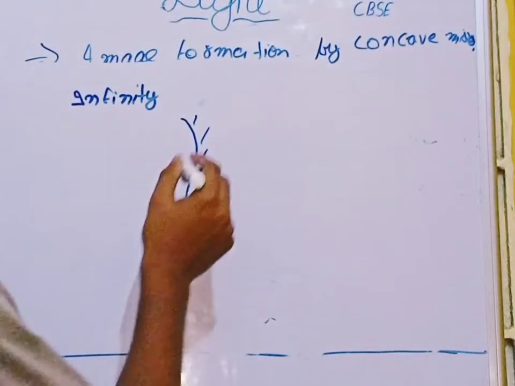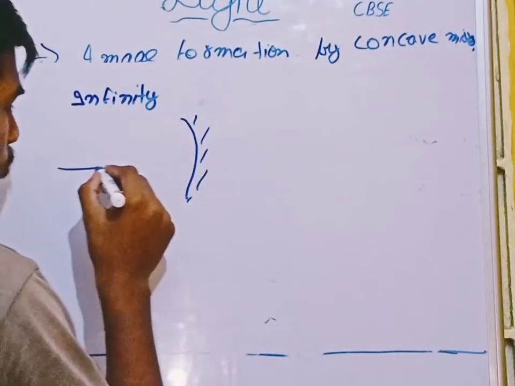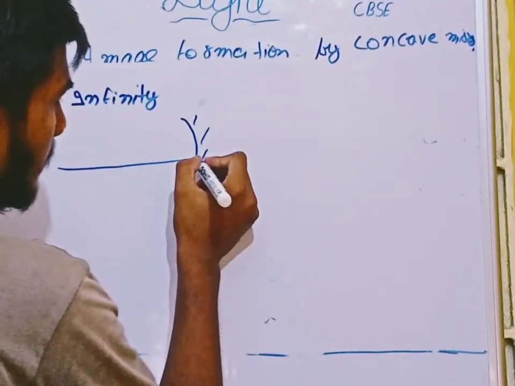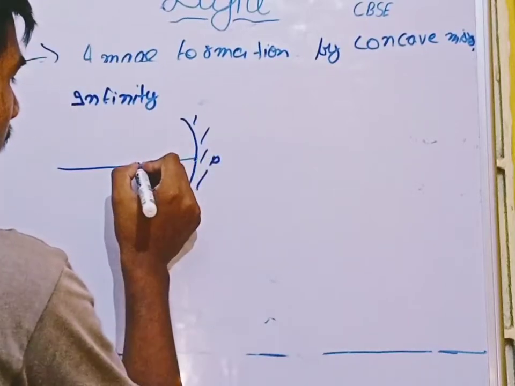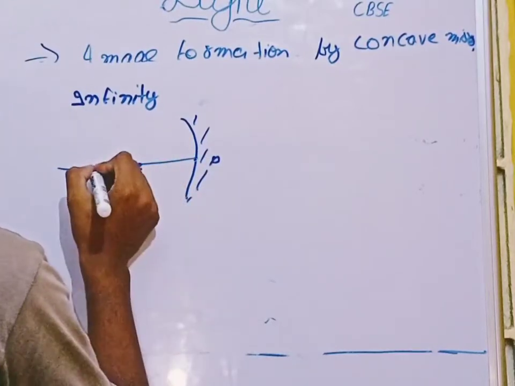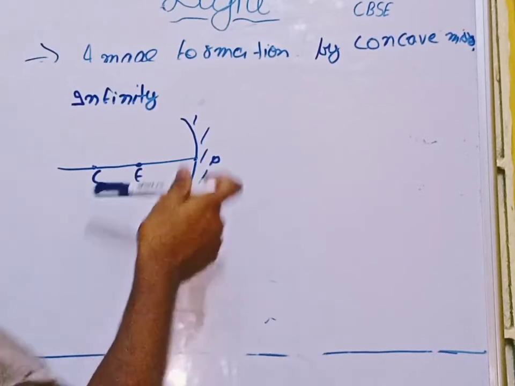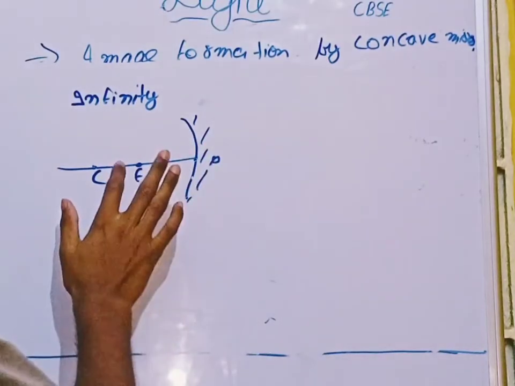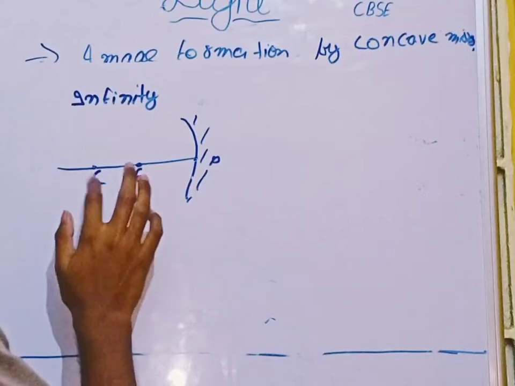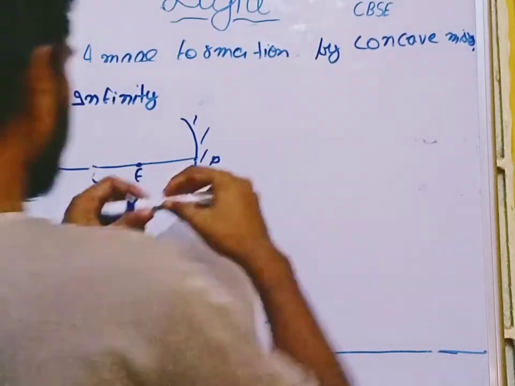First draw a concave mirror, and mark P, F and C. For image formation, you always have to measure and prove that R equals 2F.